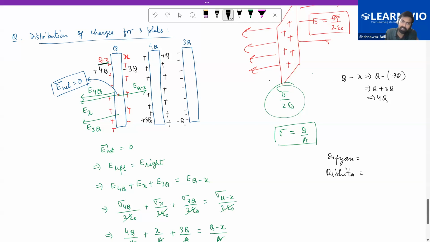This would be minus Q. So you have taken minus Q from this thing, so this would be how much? Okay, 4Q, right? So this would be the final distribution of the charges.